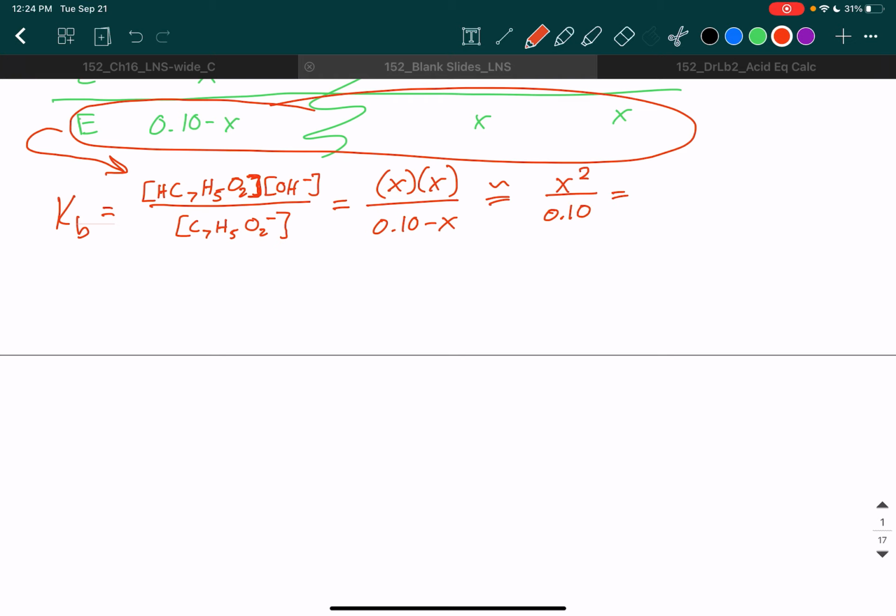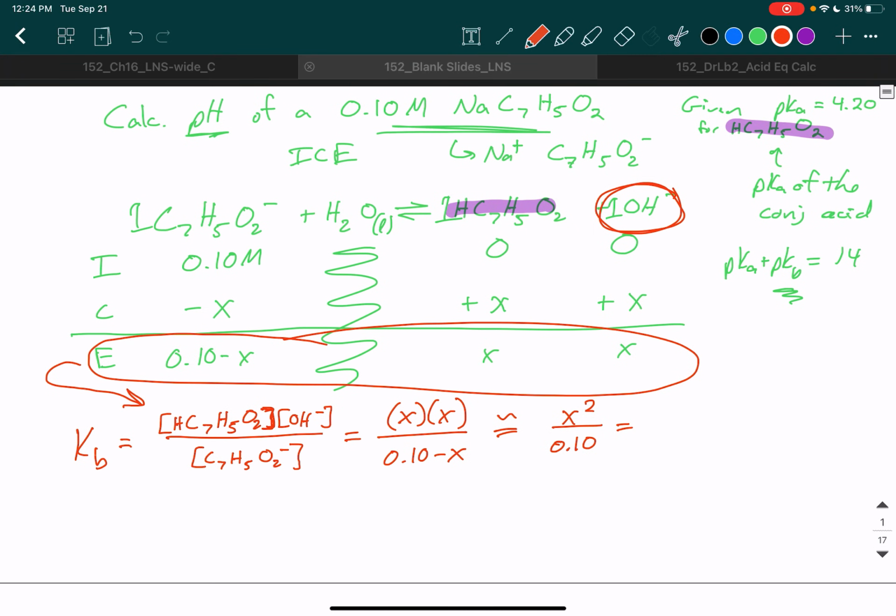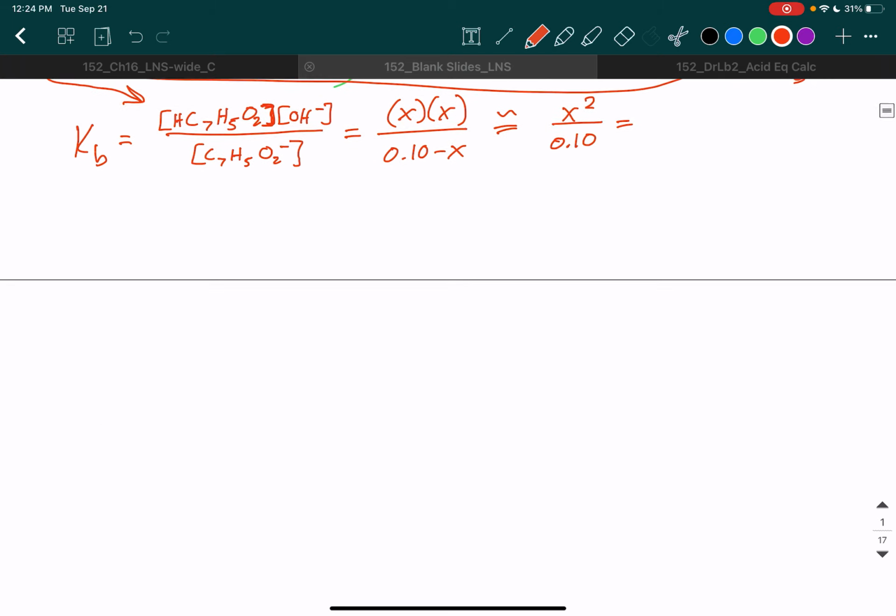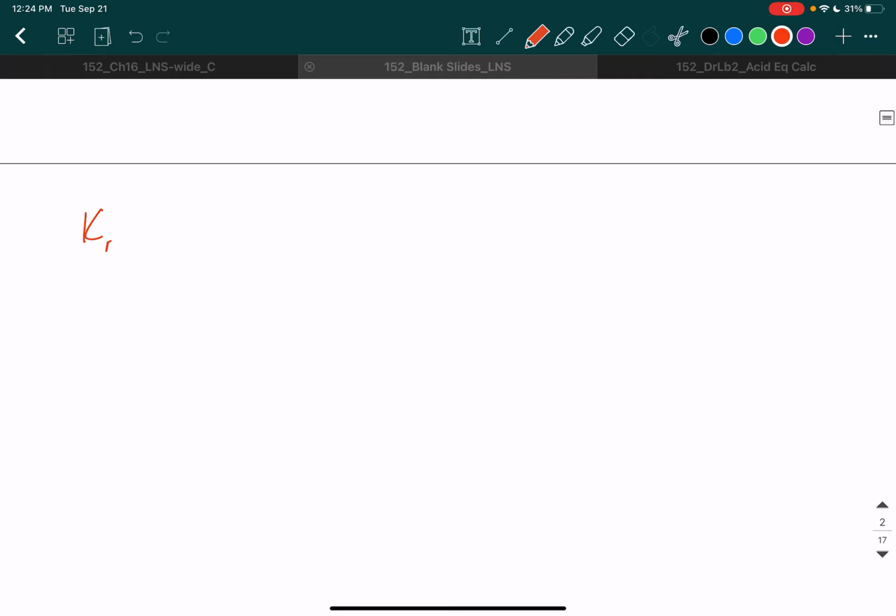Let's talk about that Kb value. How do we pull that? How do we go from this to now some Kb value that we can then insert into the formula? I'm glad you asked. Let's do that. I'll do this down here. So Kb, question mark.